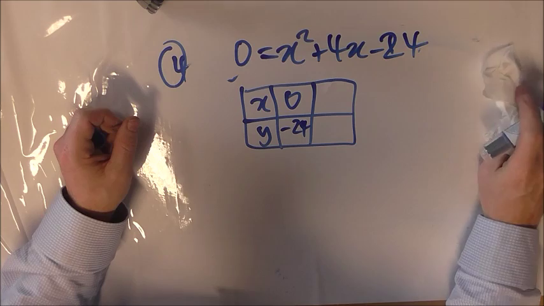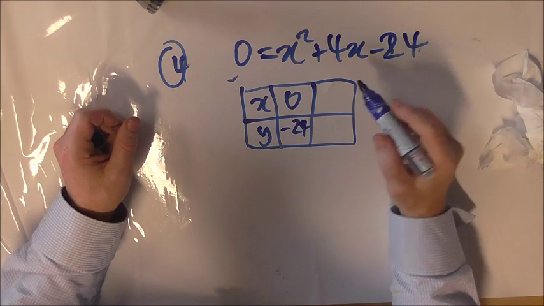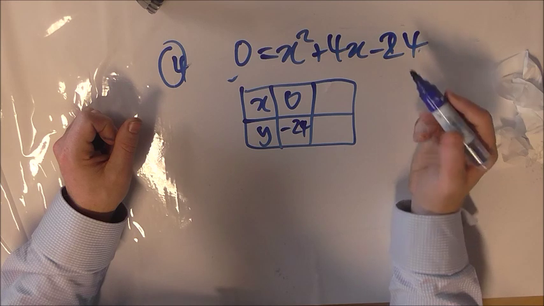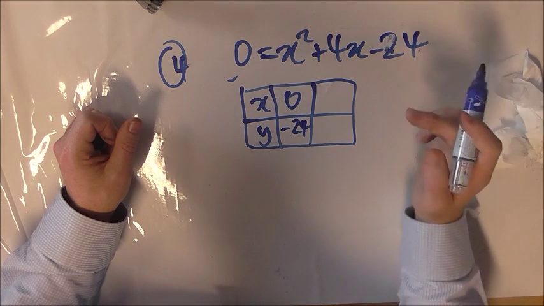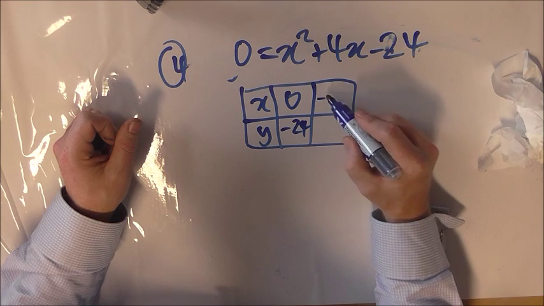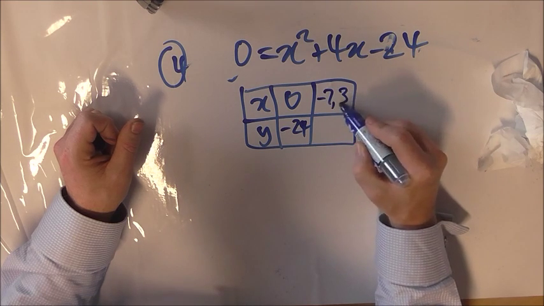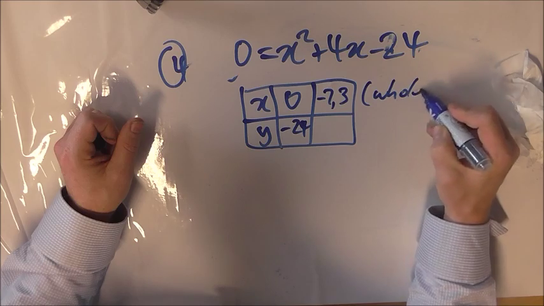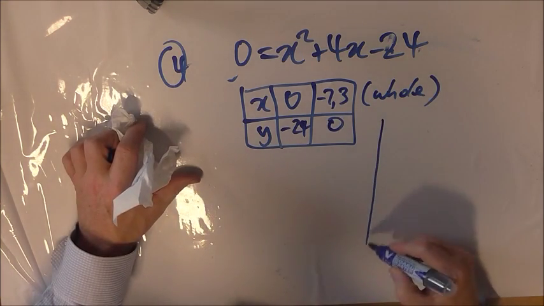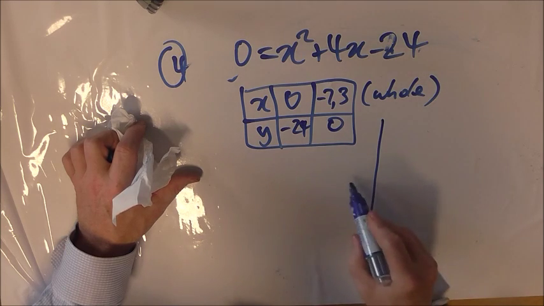Well, you just type it into the quadratic formula and you should get, I think, negative 7 and 3 to the nearest whole. So, here's our graph.